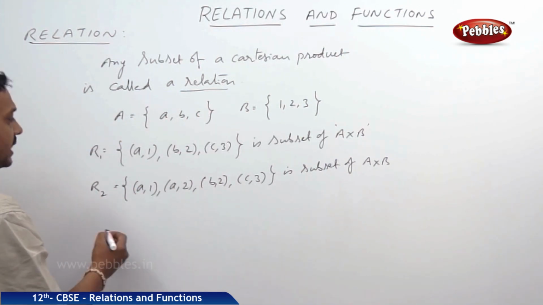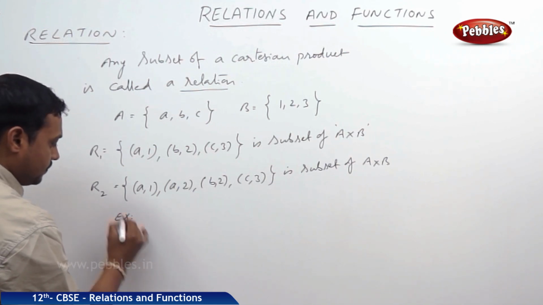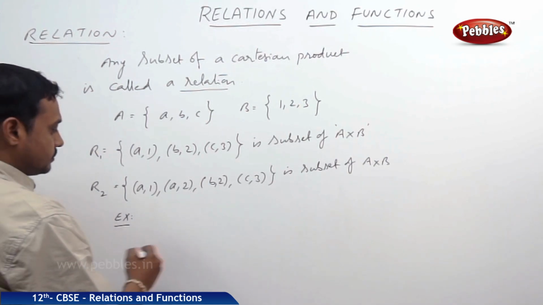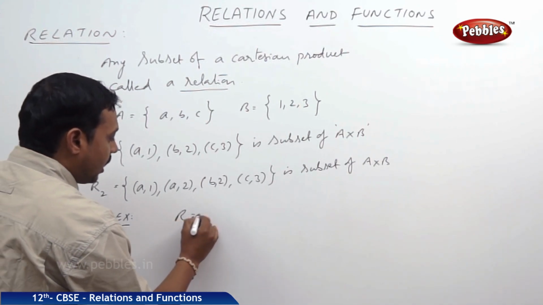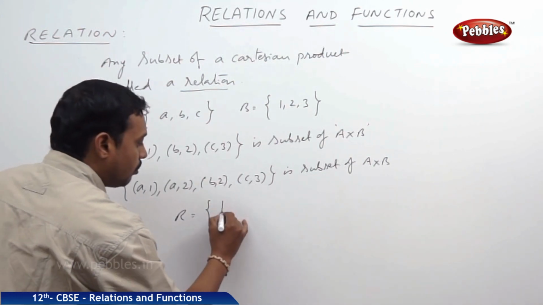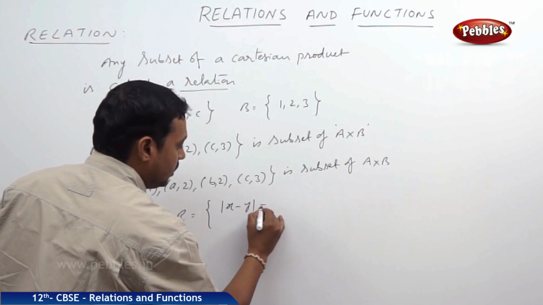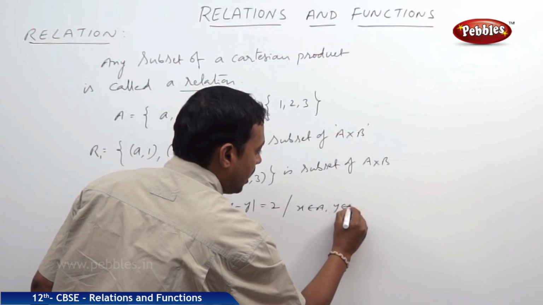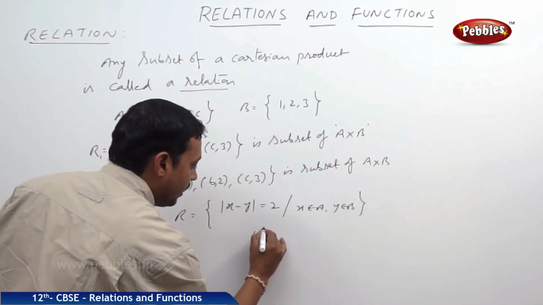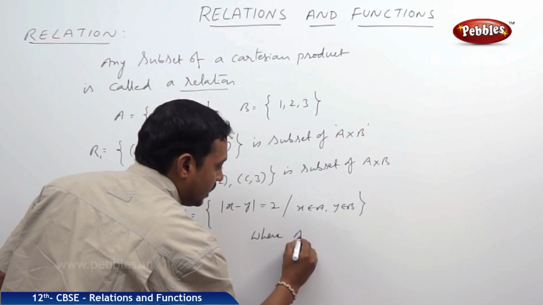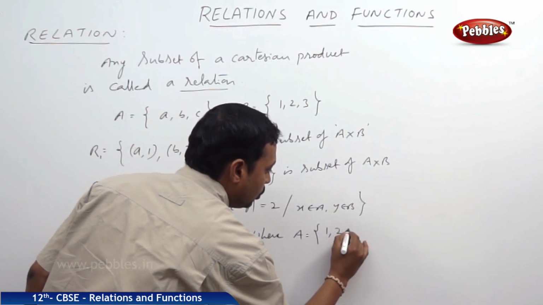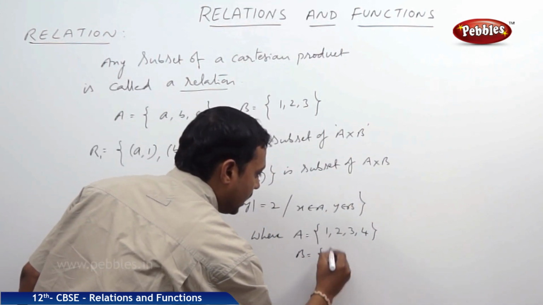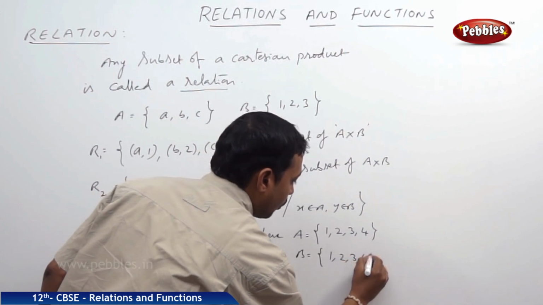Now, let us take one more example. Let R be equal to modulus of x minus y equals 2, for some x belongs to A, y belongs to B, where A is equal to {1, 2, 3, 4} and B is again the same set {1, 2, 3, 4}.